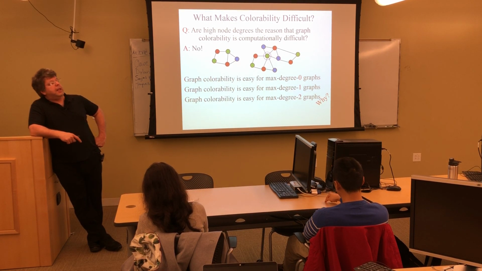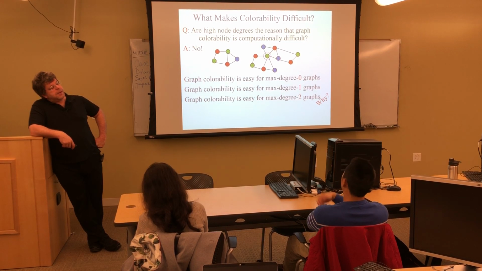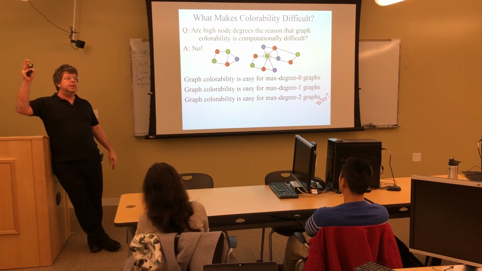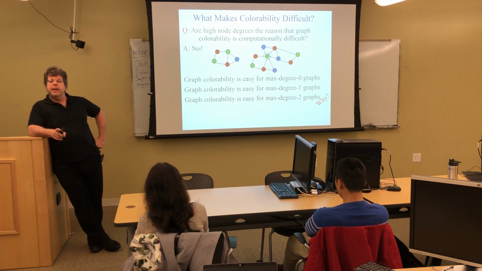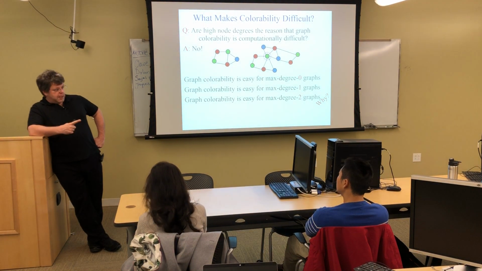So he's saying a graph is max degree 2 and not 2 colorable if and only if it has a 3 clique. How many agree with that? How many disagree? A lot of people disagree. So what do you say instead? Any graph having a cycle with an odd number of nodes. Any odd cycle, not just size 3.